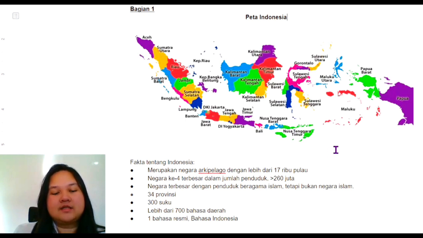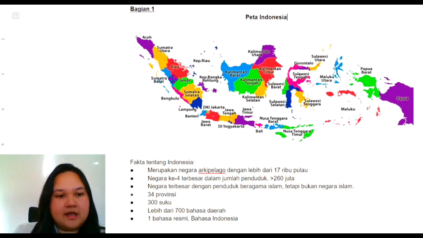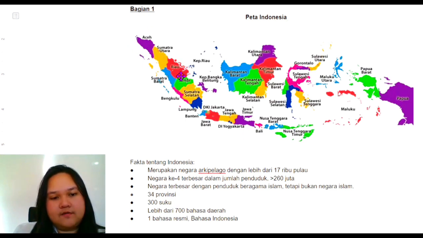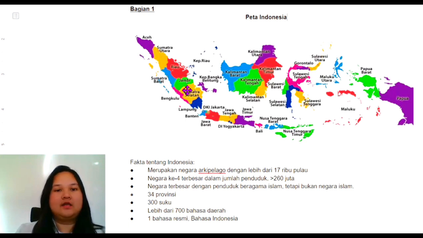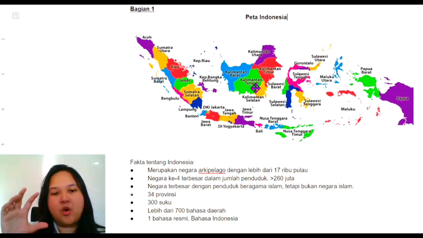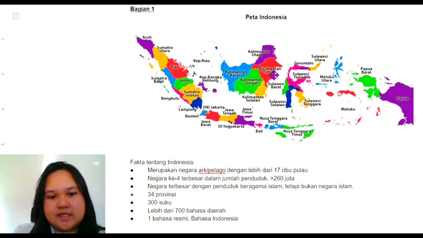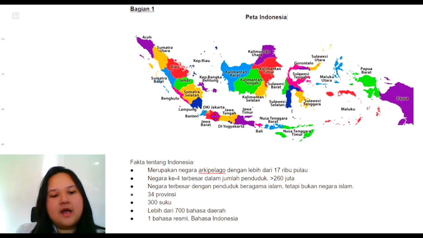So that is the biggest country with a Muslim population, and we have 34 provinces. All these different colors represent the border of each province, with the capital being Jakarta. DKI Jakarta is a really small dot here, and we have 300 ethnic groups.